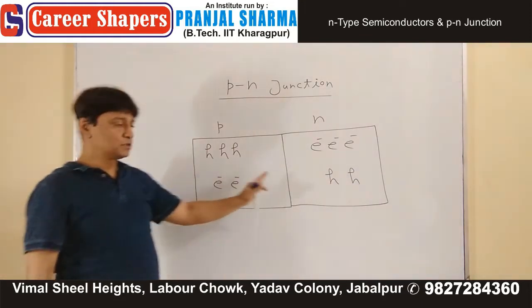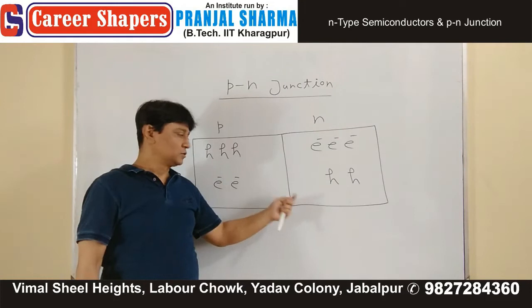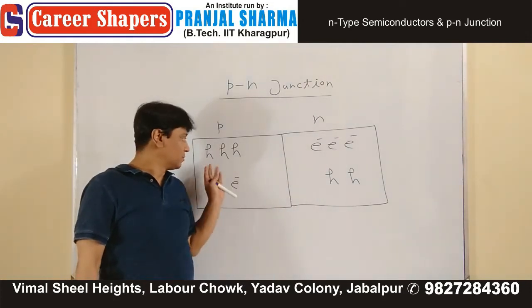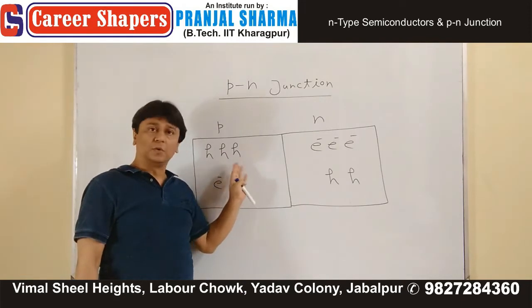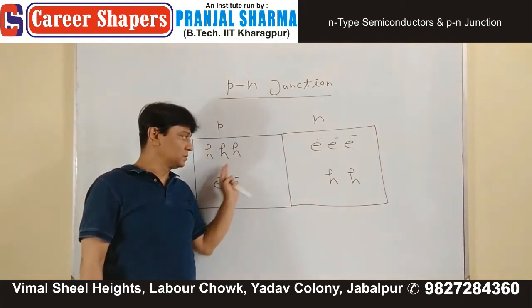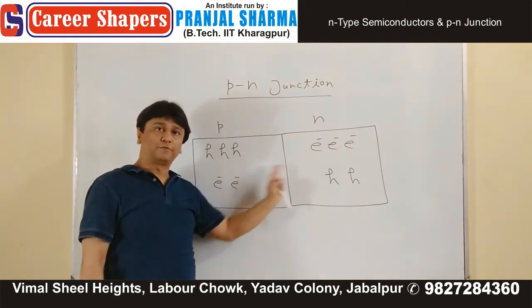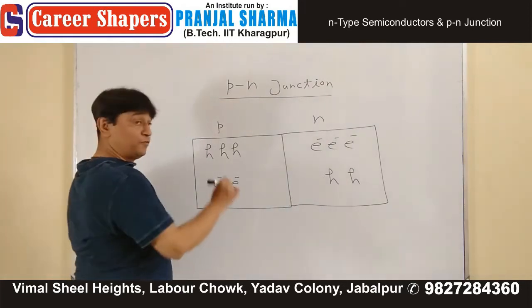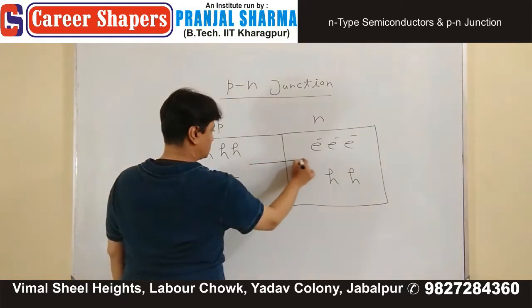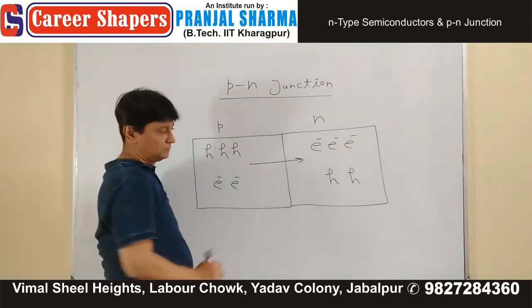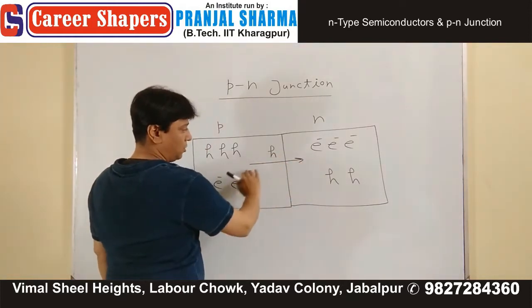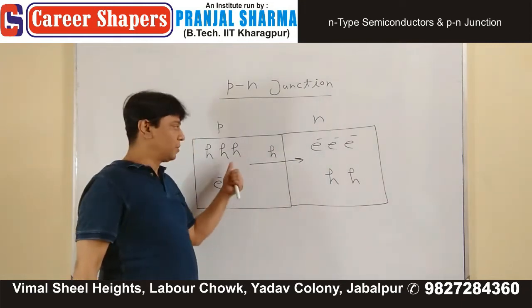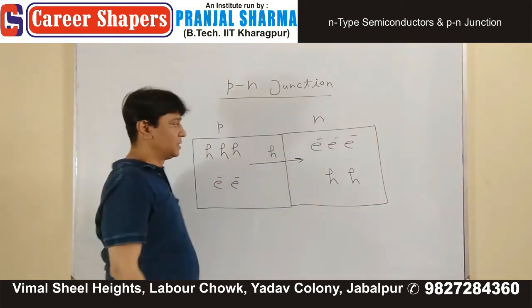So when you do this, it's obvious that since there are more holes on this side, they will try to diffuse from this to this, from left to right. So diffusion of holes takes place in this direction. Holes move from this side to this side.